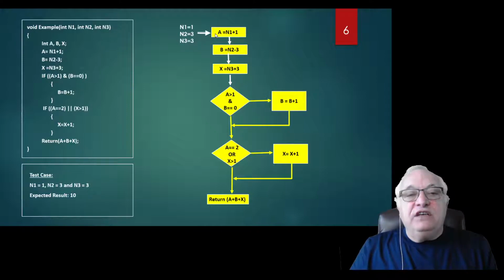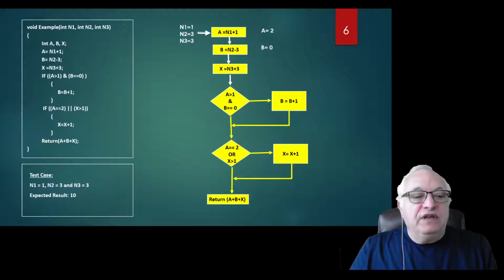Then a is equal to n1 plus 1, so that gives me a equal to 2. Then b is equal to n2 minus 3, so b equal to 0. And then x is equal to n3 plus 3, so that gives me x equal to 6.